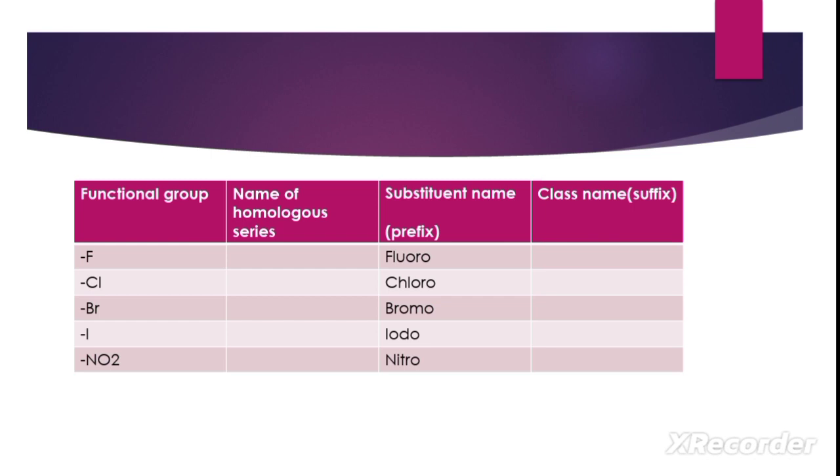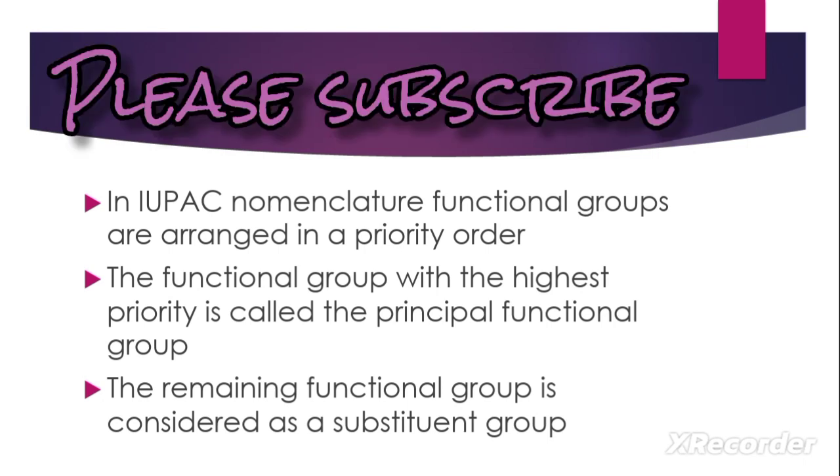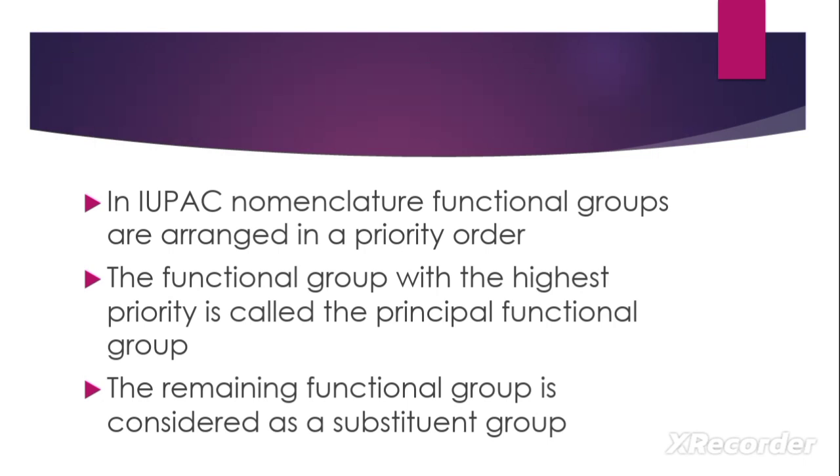So they have the least priority. In IUPAC nomenclature, functional groups are arranged in their priority order. The functional group with the highest priority is called the principal functional group. Other than the principal functional group, the remaining functional groups are called substituent groups.